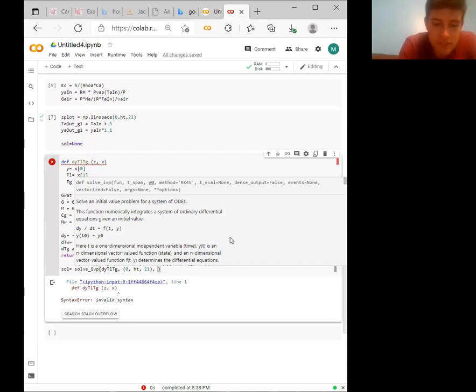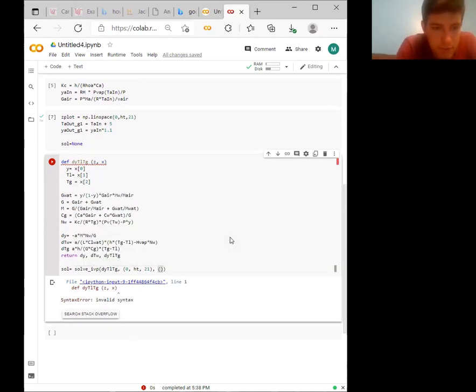So we're going to do our y, our molar fraction of the gas component when it's coming out.